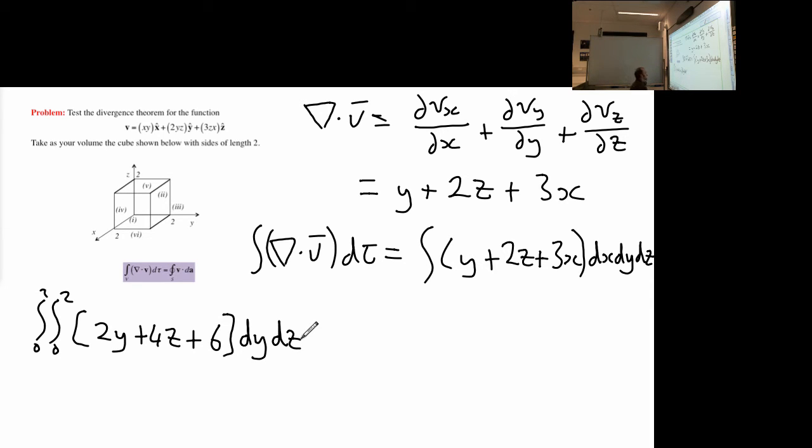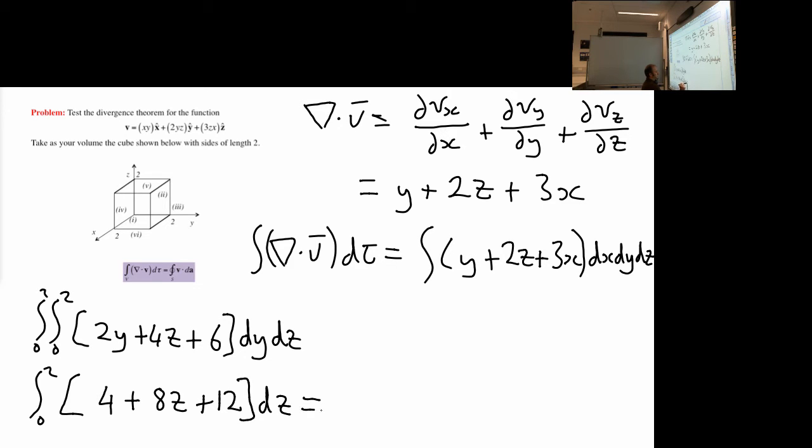Then we integrate with respect to y, so now we're left with 0 and 2. Integrating with respect to y, we get 2y squared over 2, so we'll have 4, plus 4yz, so this will be 8z, plus 6y, which would be 12.